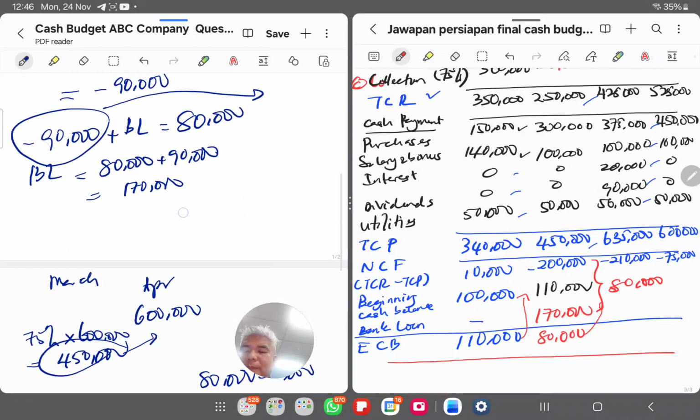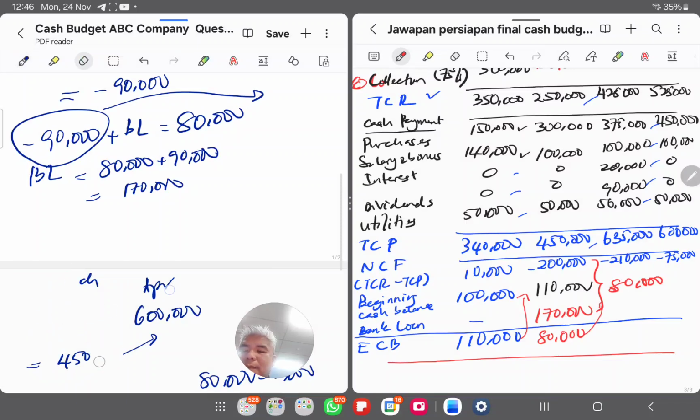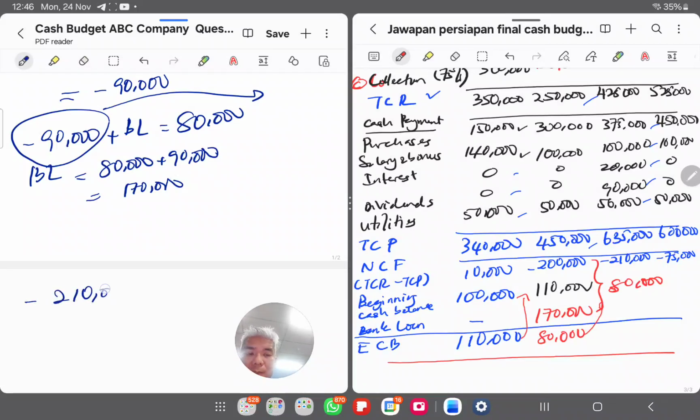The same formula goes: negative 210,000 plus 80,000, then you get still negative 130,000.